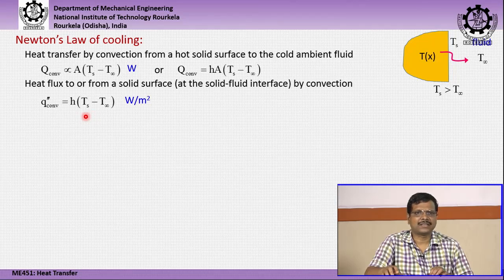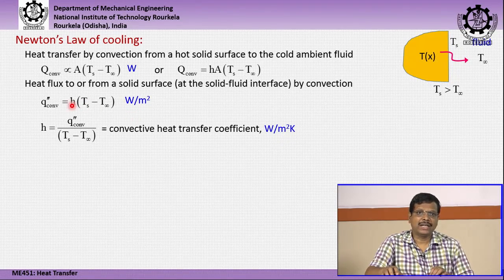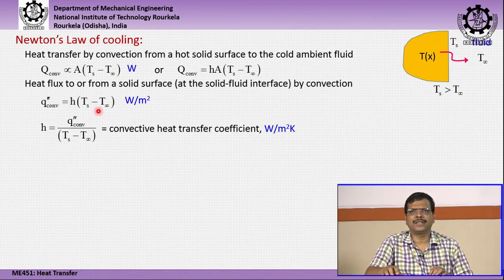This flux has unit watt per meter square. You can keep h on one side and take everything to the other side, so you will obtain an expression for the heat transfer coefficient h, which equals the convective heat flux divided by the difference in temperature between the hot surface and the cold ambient fluid, that is Q double prime convection divided by T s minus T infinity, for which the unit is watt per meter square Kelvin.